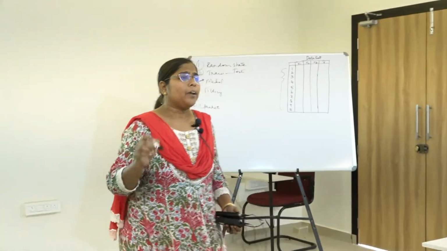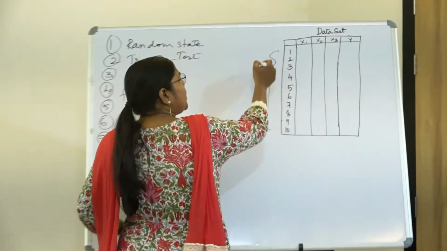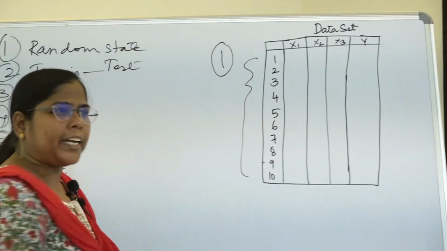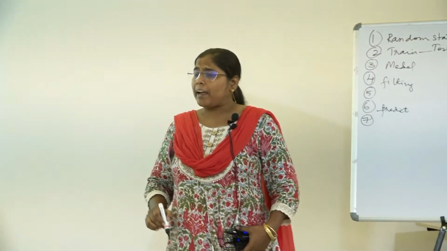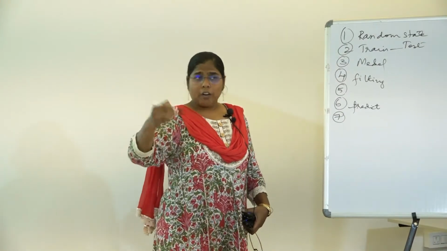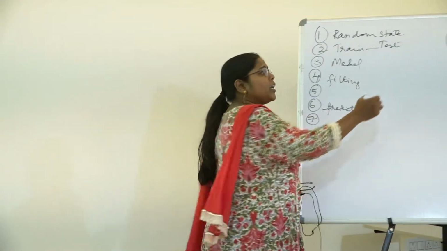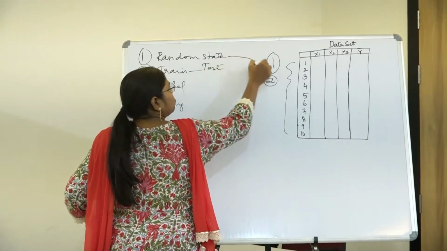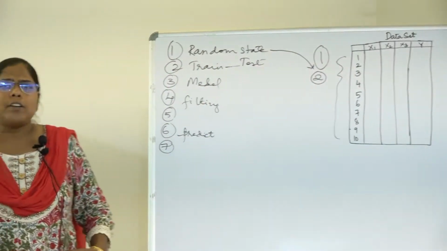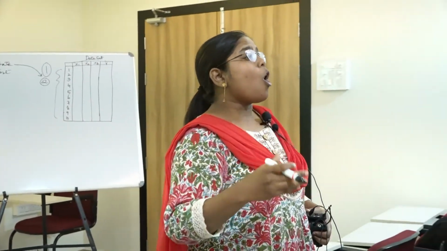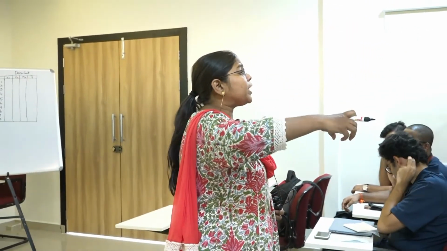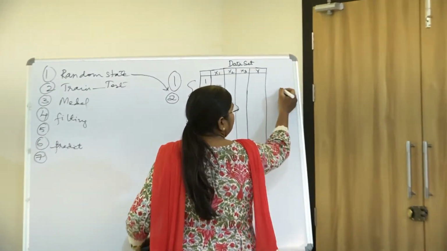Okay. Now whenever I do an experiment on the data set, the random state is 1. When I do a second experiment, the random state will become 2. So on, whenever we are doing random experiments on the data, it always picks the data randomly and does the experiment so that it gives an accuracy.